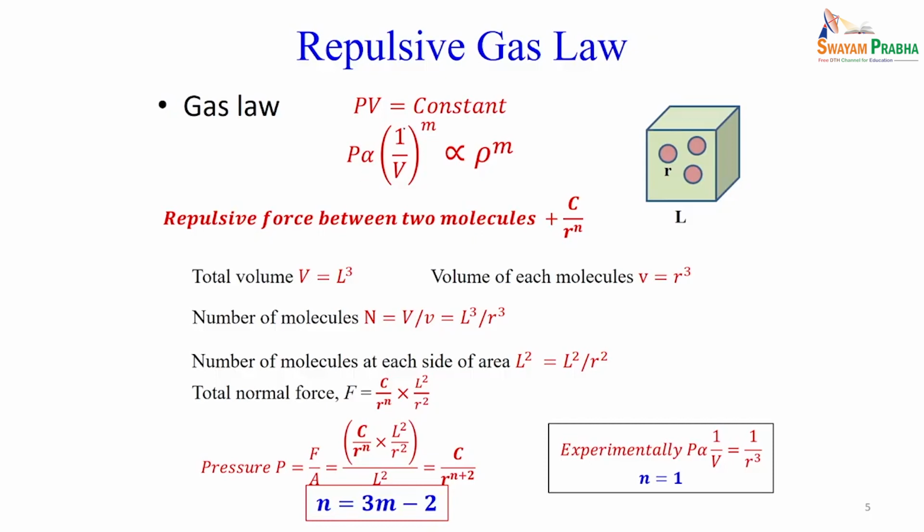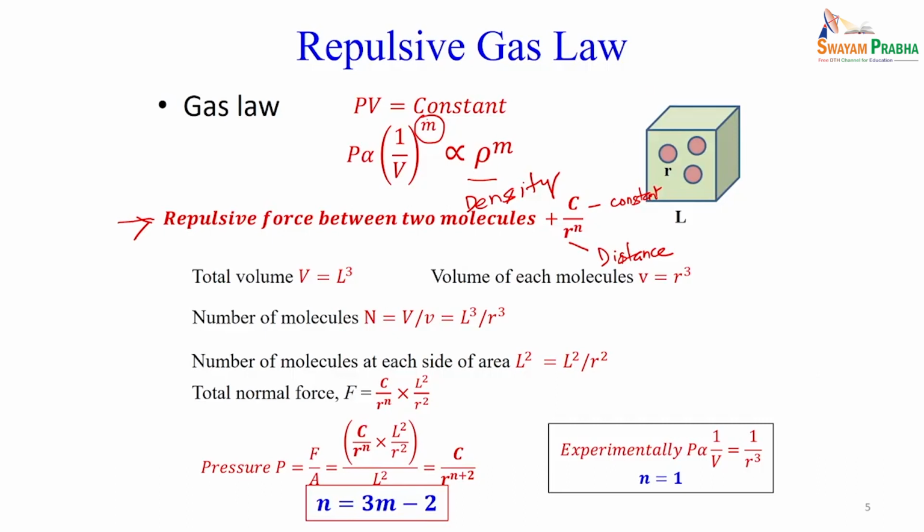So if we write P inversely proportional to 1 upon V to the power m, we are giving a random number m here. 1 upon V, you can write, is a density, and the expression for the repulsive forces between two molecules is given by C upon R to the power n, where C is a constant, and R is the intermolecular distance. So this is a typical expression for the repulsive forces.